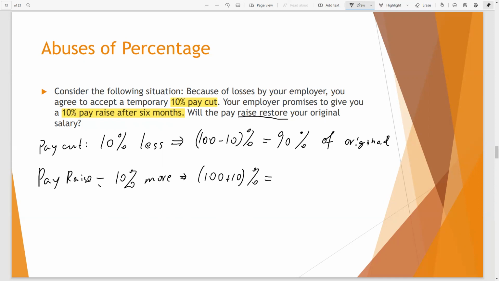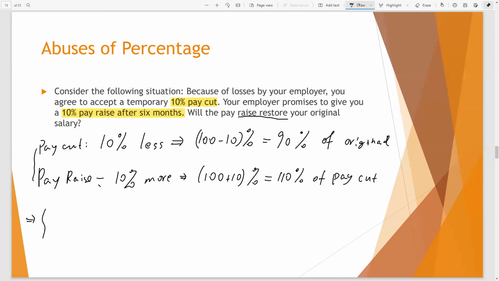That's 110% of not the original, it's 110% of the pay cut. Right, so that is the thing.